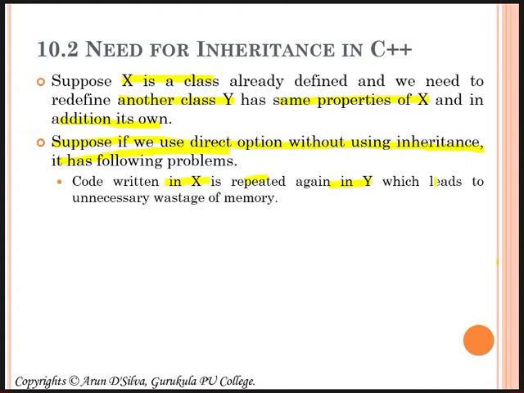So this may lead to unnecessary wastage of memory. Got it? What is in X is being used in Y. If you are not using inheritance, that means we are defining it again in Y. So of course, it leads to wastage of memory.